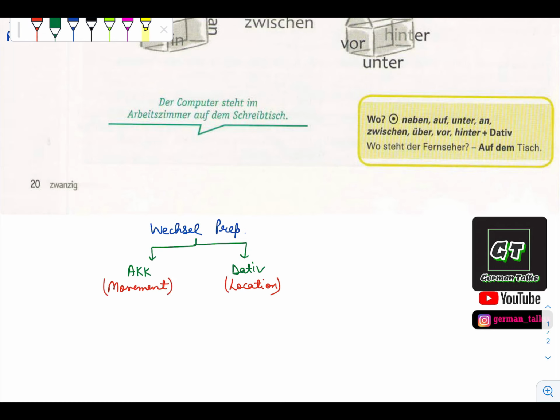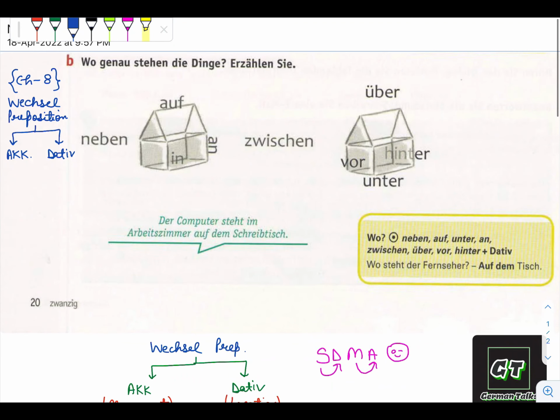You can also remember this by another trick, the SDMA rule. SDMA means stationary, then it will take dative, and if there is some motion, then we will take accusative. These prepositions which you are seeing here, neben, auf, in, an, zwischen, über, vor, hinter, unter, are all Wechsel prepositions.